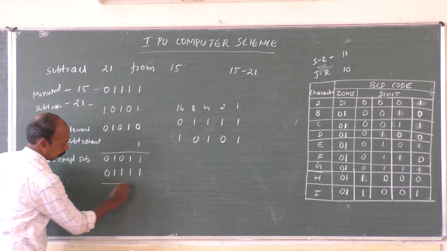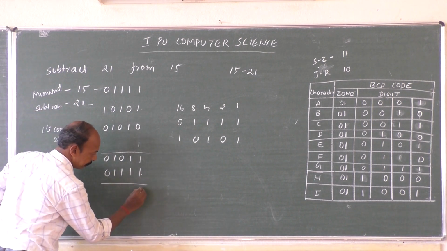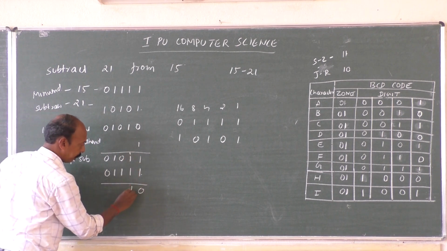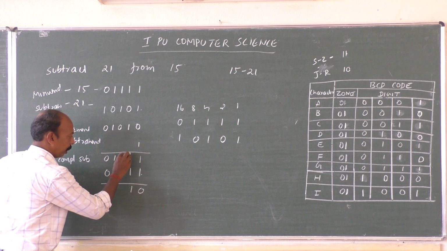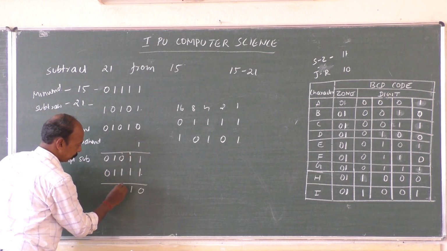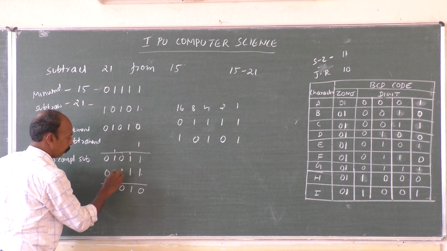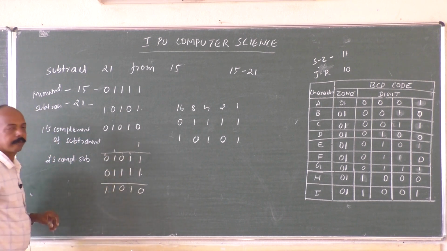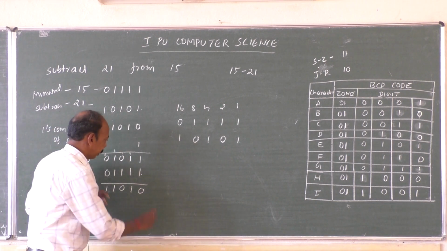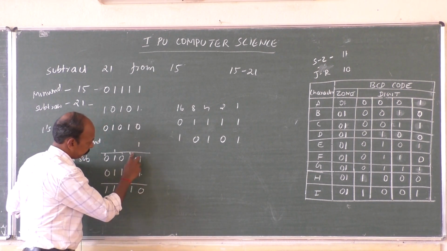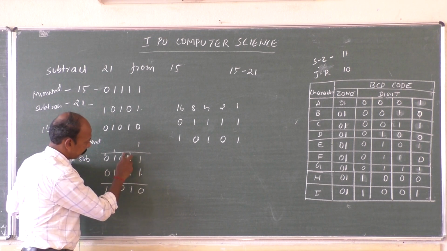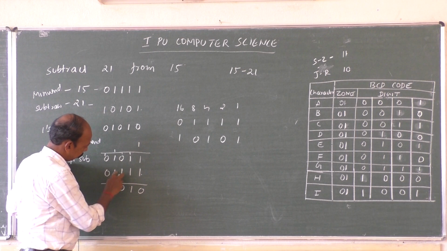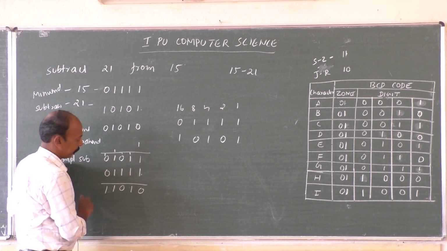Add it up. 1 and 1 will be 0 with the carry 1. 1, 1, 1 will be 1 with the carry 1. 1 and 1 will be 0 with the carry 1. 1, 1, 1 will be 1 with the carry 1 and that 1. Let us cross verify it. 1 and 1 will be 0. 3 1s, so 1 and a carry 1. 1 and 1 will be 0 with the carry 1. 3 1s will be 1 with the carry 1, so that will be 1.